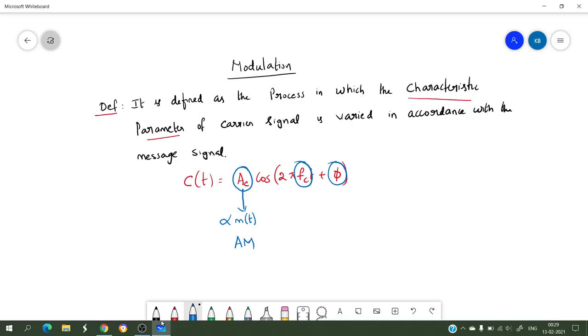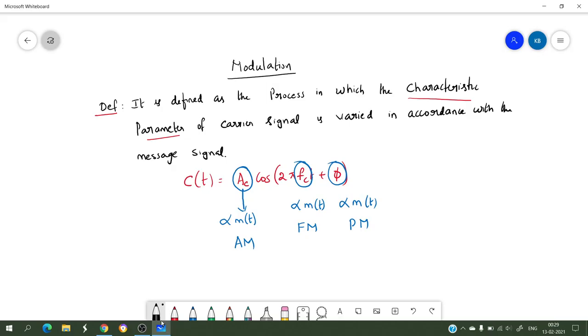If the frequency of the carrier signal is varied in proportion to the message signal, then it is called frequency modulation. Similarly, if the phase of the carrier signal is varied in accordance with the message signal, that is called phase modulation.